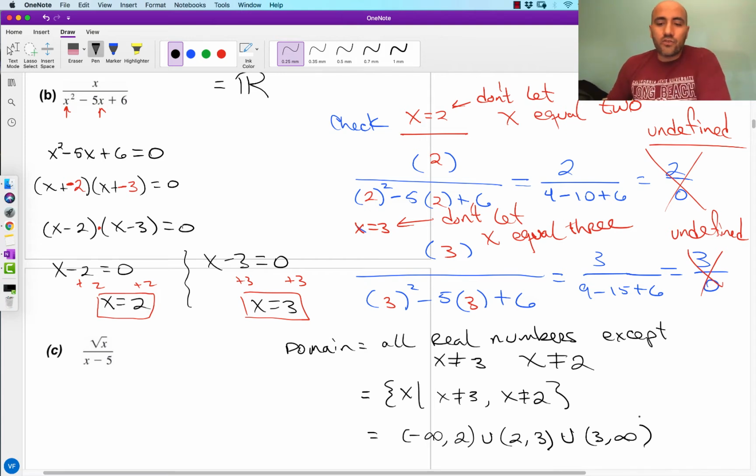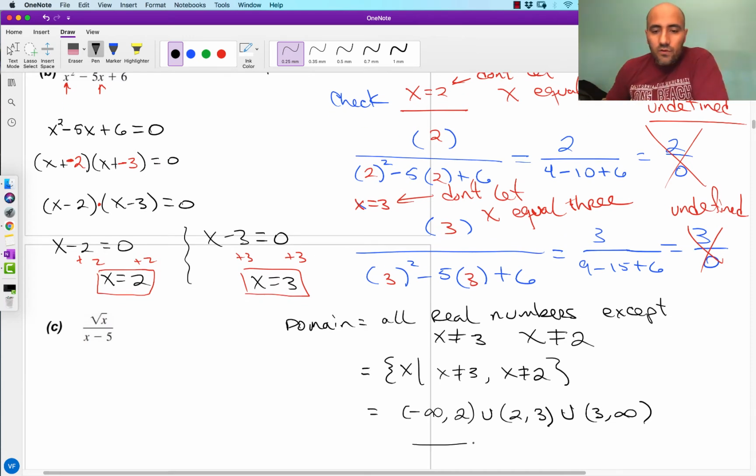And finally, you can also do it sort of graphically, where you could say that the domain, here's the real number line. Here is -1, here is 0, here is 1, 2, 3. So the domain is going to have a little hole here at 2 and a little hole here at 3.